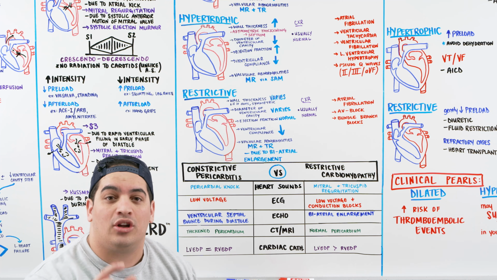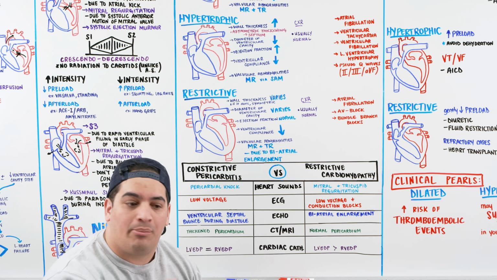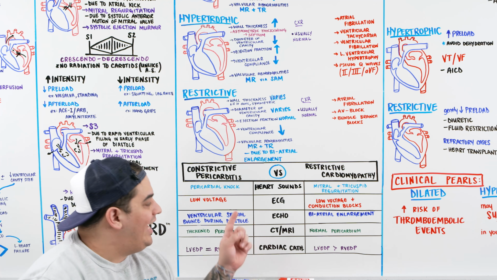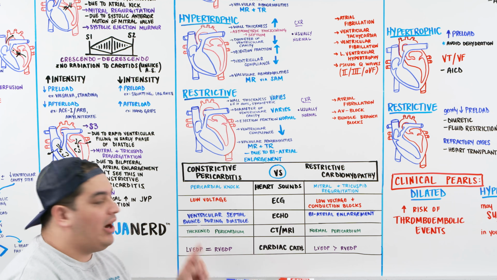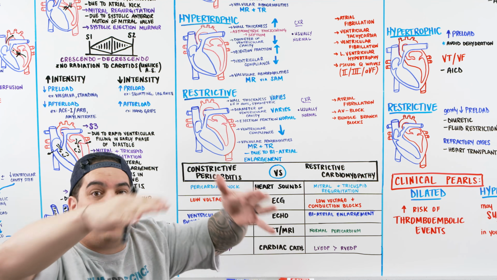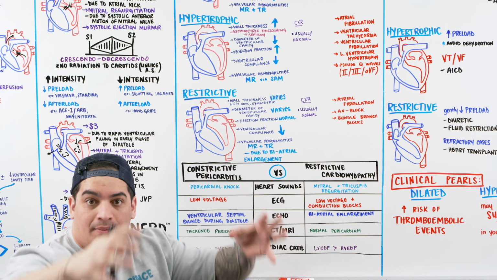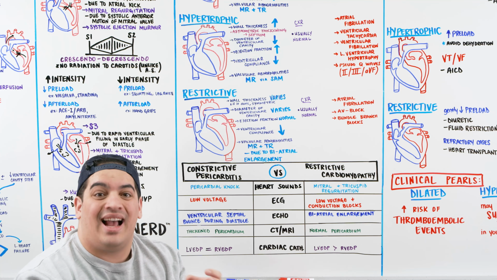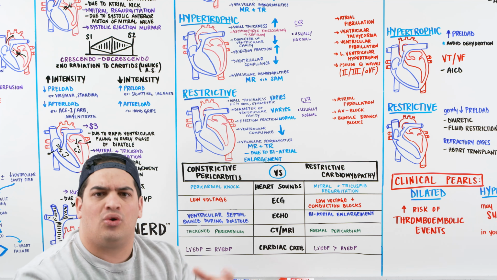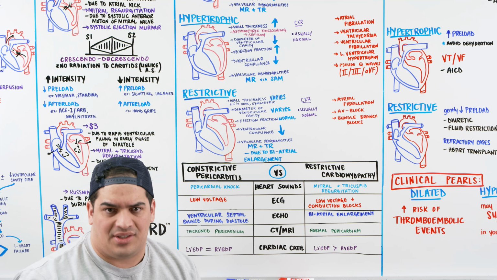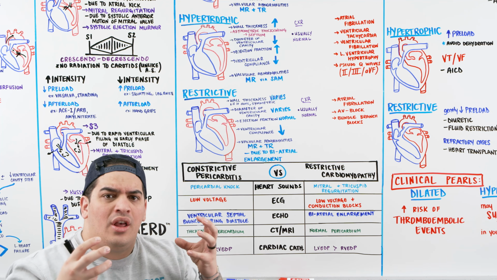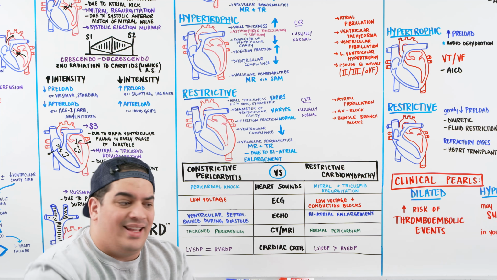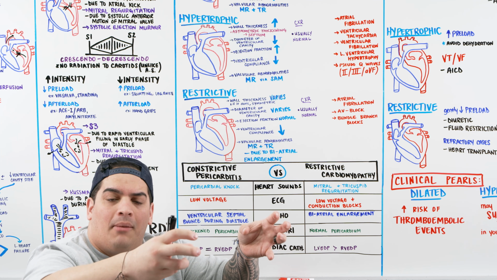Last but not least, if you took these patients to the cardiac catheterization lab and compared the pressure in the right ventricle and the pressure in the left ventricle: in a person with constrictive pericarditis, the pericardium surrounds the entire heart. So your ventricular end diastolic pressures, the pressures in the ventricle at the end of diastole, are going to be equivalent because the pericardium is surrounding the entire myocardium.